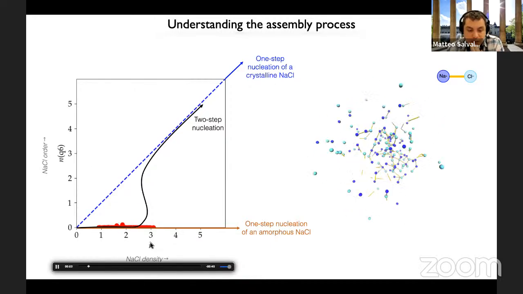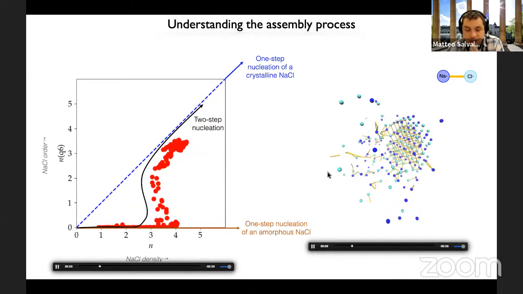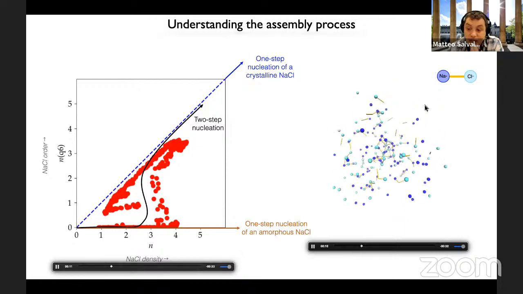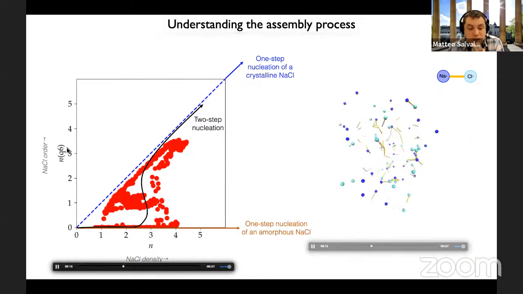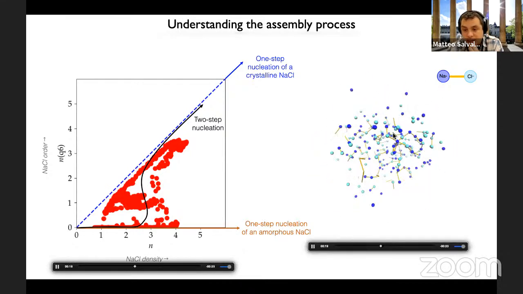One descriptor is called N and correlates with the local density of these clusters. Essentially, the higher N, the higher the size of the cluster, regardless of its order. And the second descriptor is called N of Q6, which correlates with the local order of these clusters.